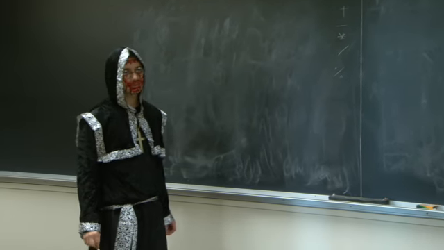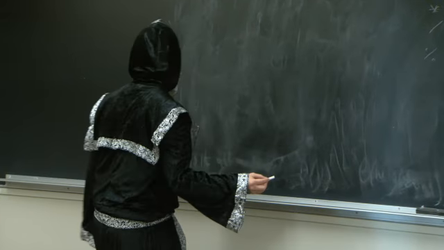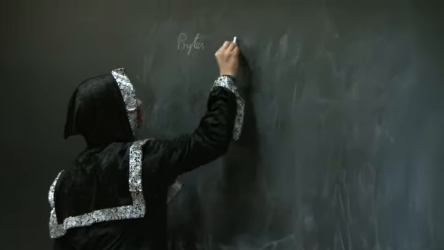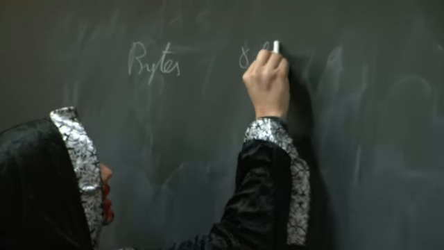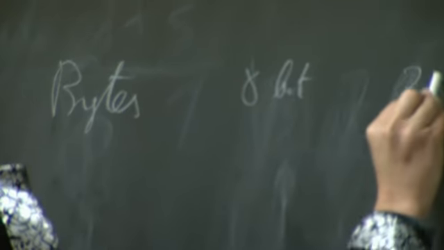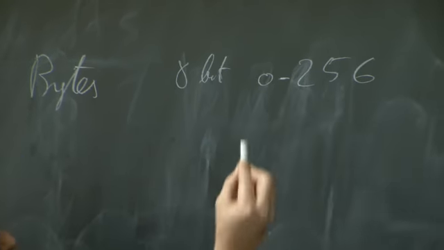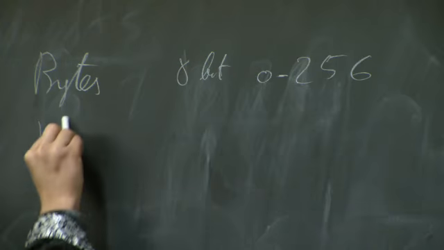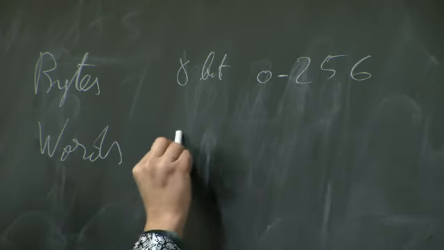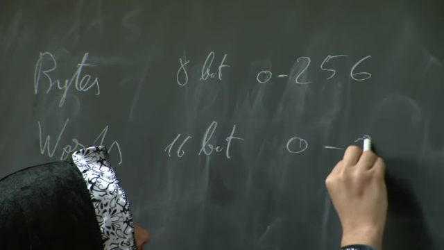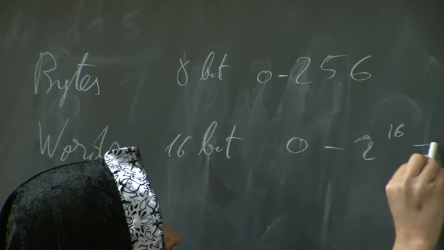Let's start with these. So you have two primitives in that processor, right? You have bytes, which are basically 8-bit digits. So the range is 0 to 255. And words. And the word is 16-bit, from 0 to 2 to the 16 minus 1.